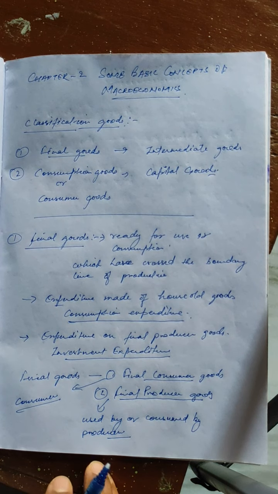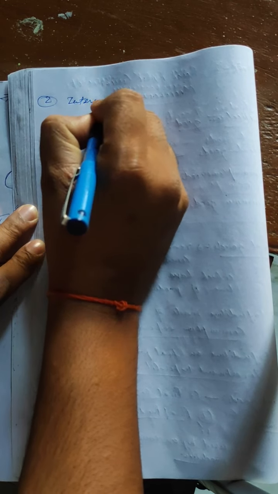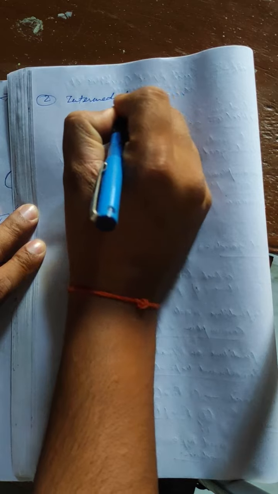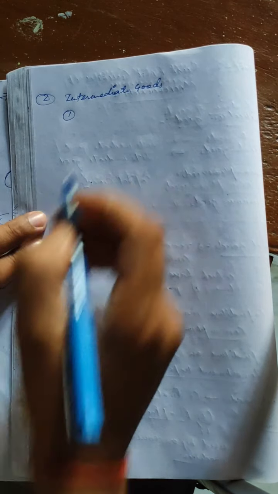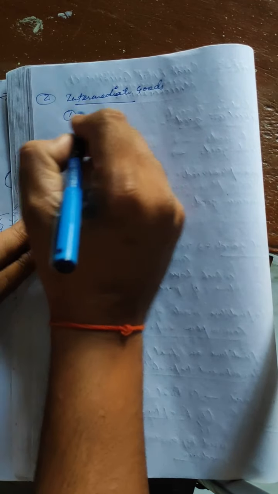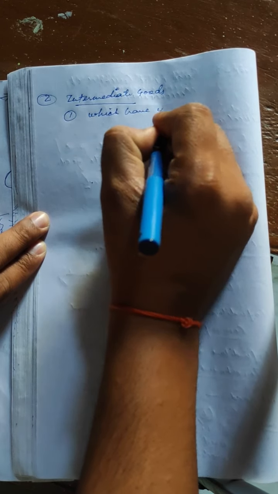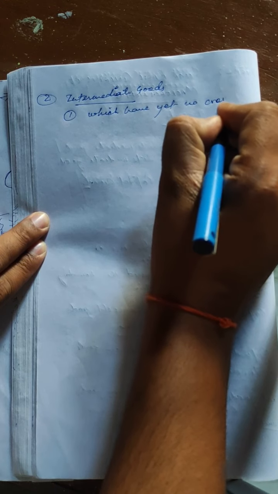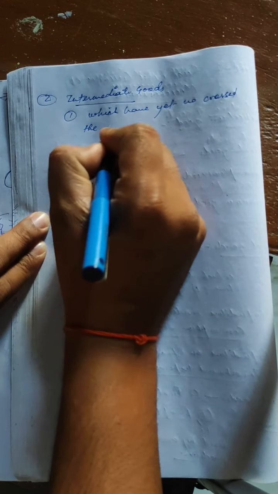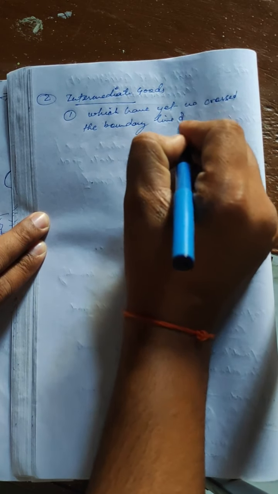Understand? Now we will see intermediate goods. Second, intermediate goods. Which goods are called intermediate goods? First, those which have not yet crossed the boundary line of production.